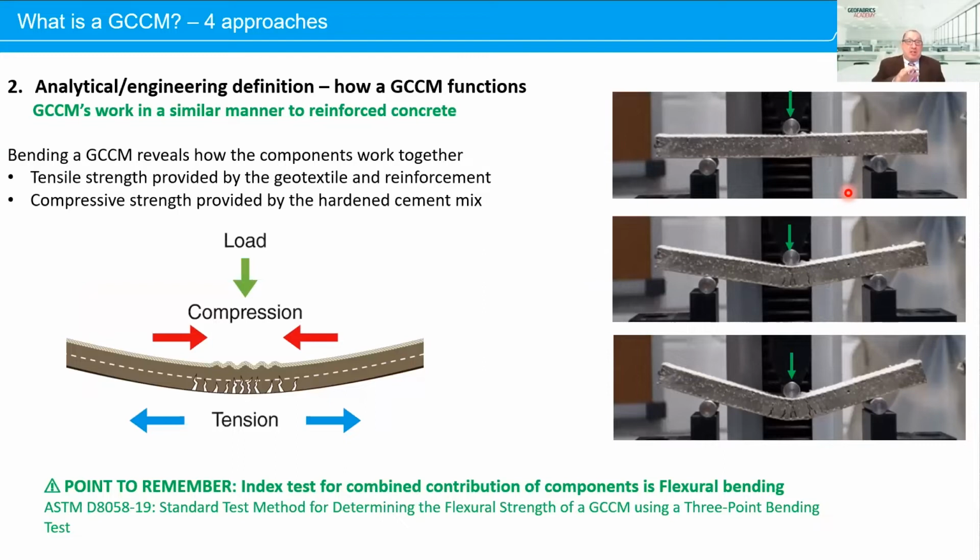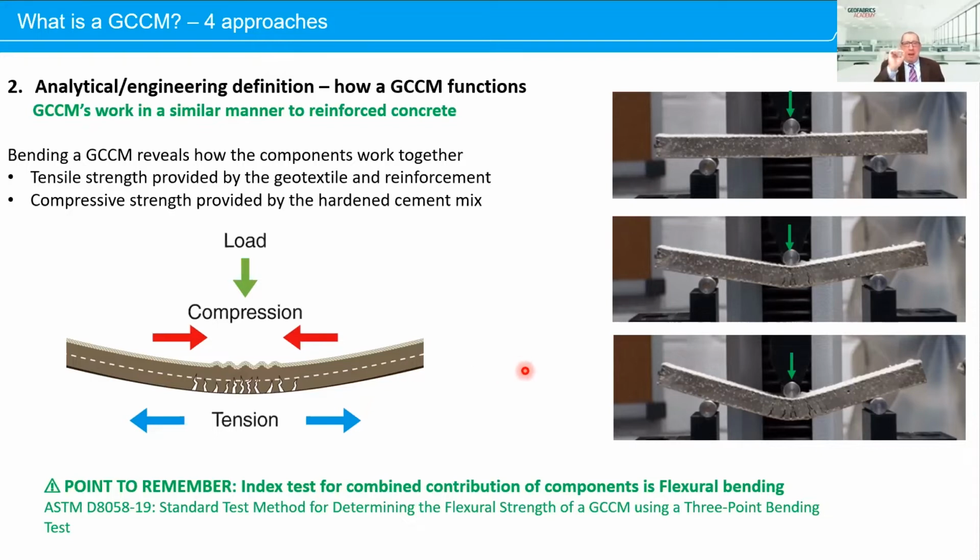But as a combined GCCM, we can evaluate the properties of the tensile reinforcement and the cement component by bending tests. That way we reveal how the components work together. We reveal the tensile strength provided by the geotextile and reinforcement, and we reveal the compressive strength provided by the hardened cement mix.